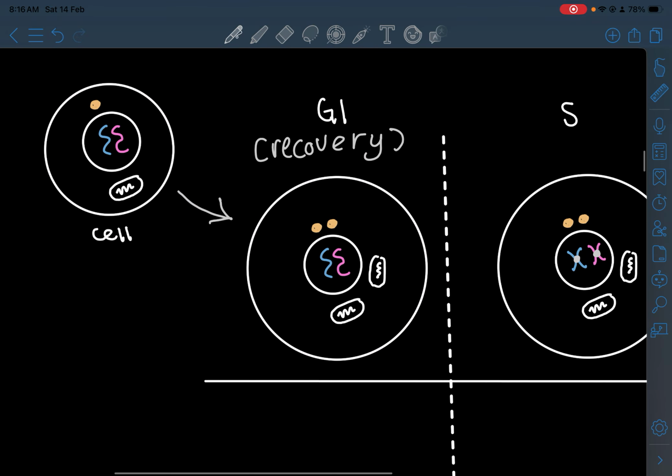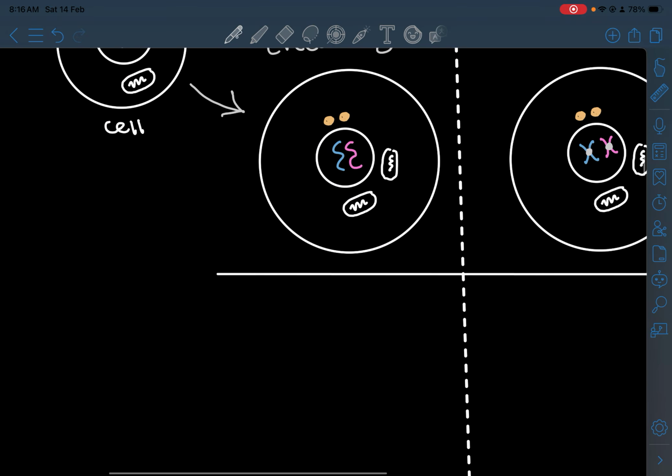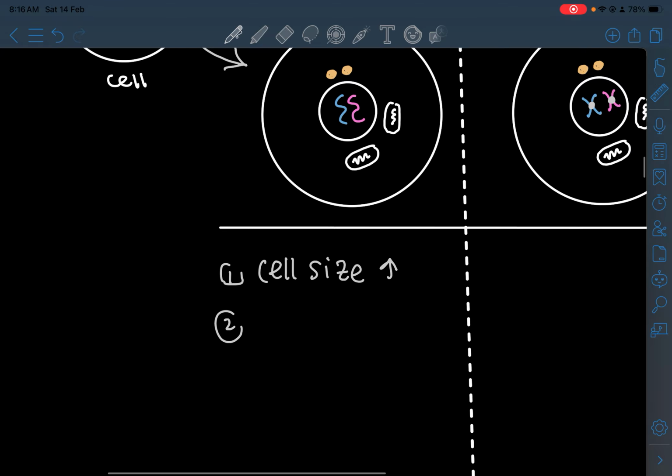The cell will grow larger in size. But why does the cell need to increase its size? Well, because the cell wants to accommodate more space for large numbers of organelles. Indeed, during G1, the numbers of organelles also increase.